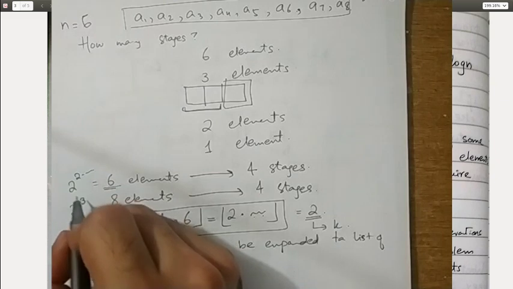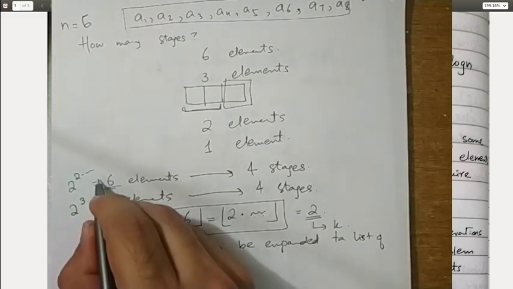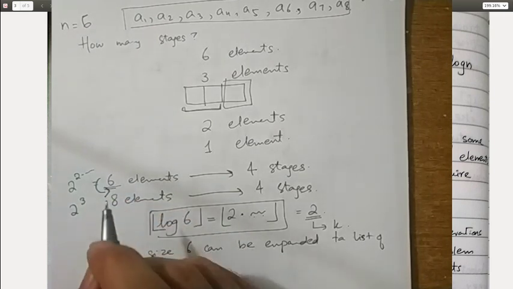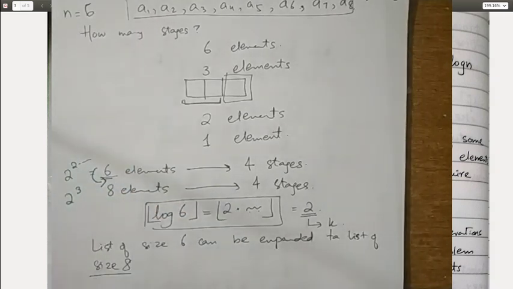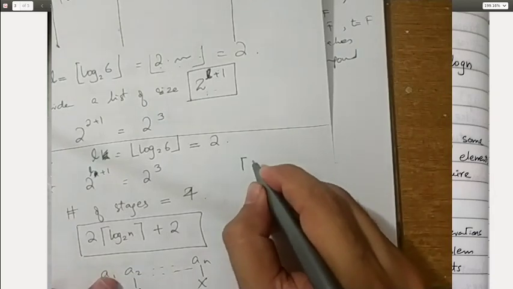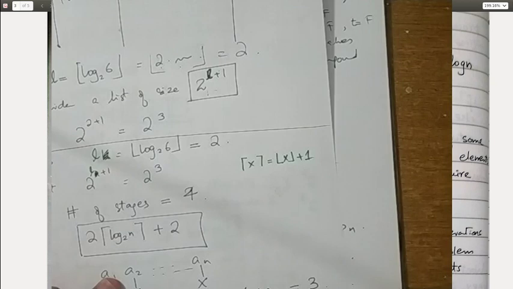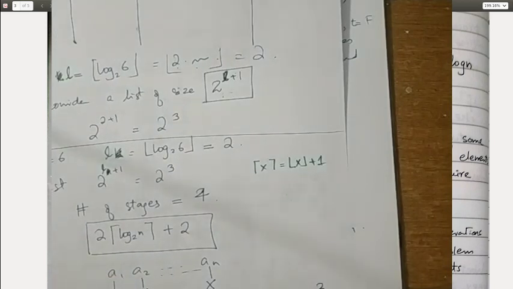So what you want is to go to the next class. Flooring and adding 1 is the same as ceiling. So ceil of x is simply floor of x plus 1. It's the same thing. You're absolutely right.